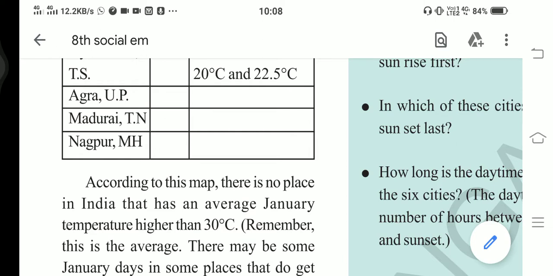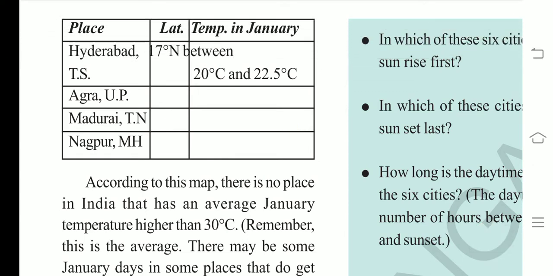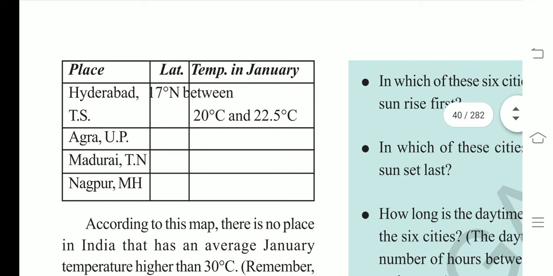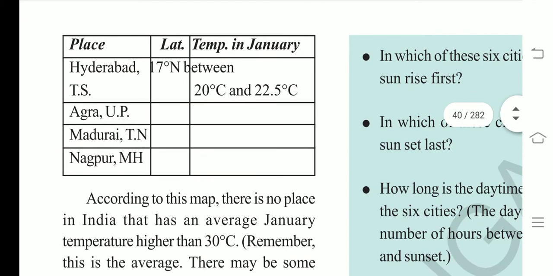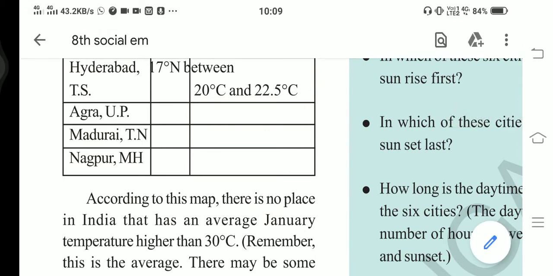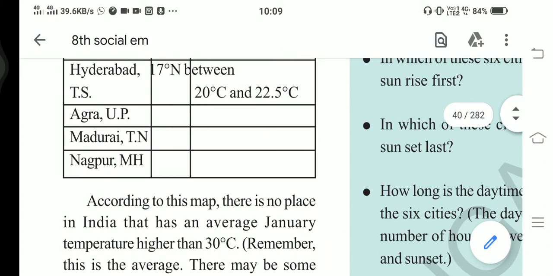There are different maps we find in the atlas: crops cultivated in India, temperature distribution in India, rainfall distribution in India. What we are studying here is temperature. So you should take the map showing temperature distribution in India, especially in the month of January, and identify these places, Agra, Madurai, Nagpur, where they are, and see what temperature is recorded there using that map.